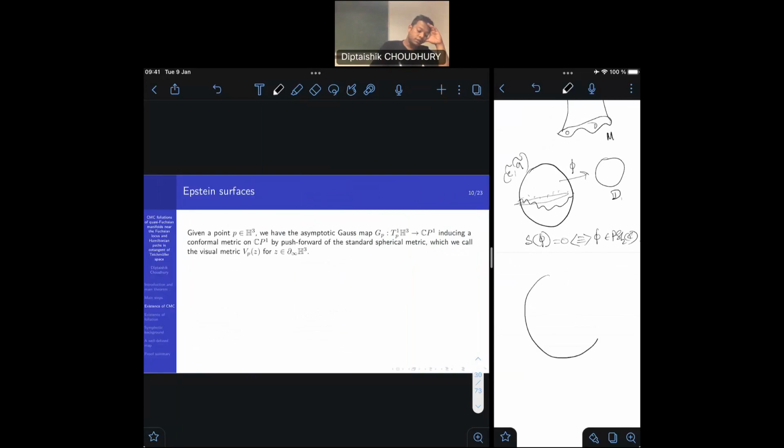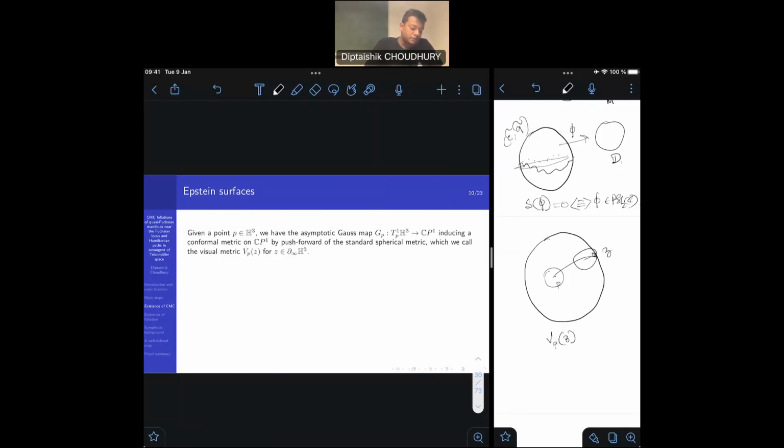Given a point P inside H3 and a point Z on the boundary, you could take the unique geodesic joining P to Z and push forward the unit ball at P to the unit ball tangent to the boundary at Z, and this induces a metric at Z. That is what we call the visual metric seen from the point inside at the point Z at the boundary at infinity.